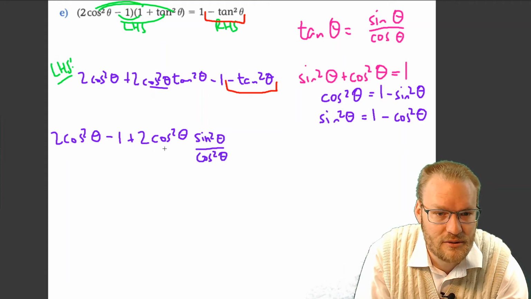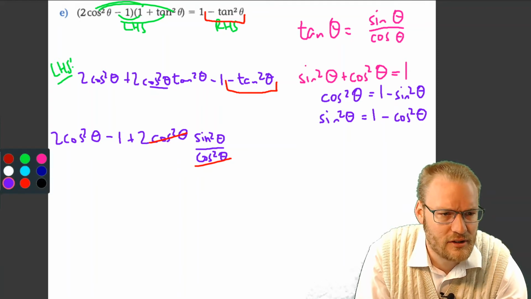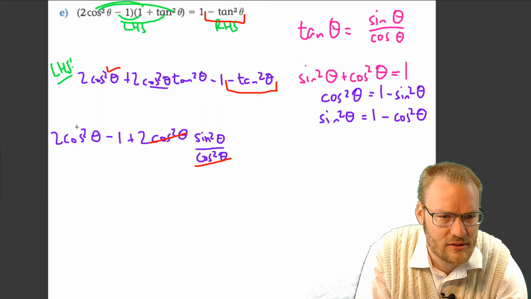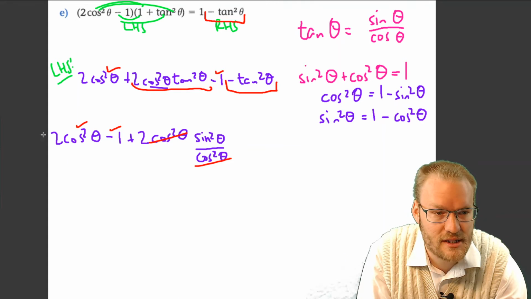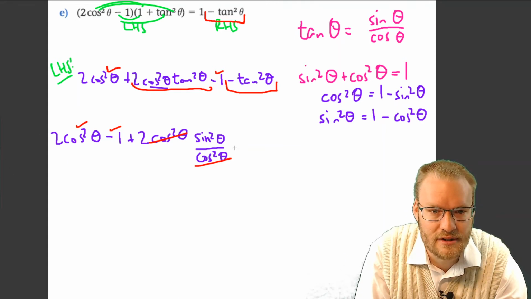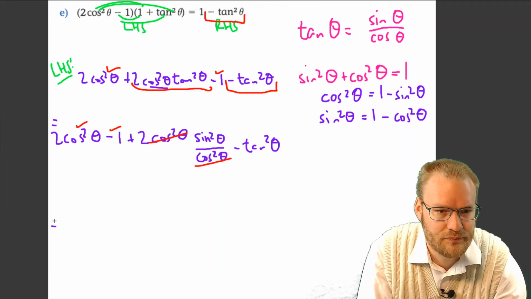In other words, these two are going to cancel out. And let's just check: 2 cos squared theta, that was that part. The minus 1 is there. This whole bit here is all of that. And then we still have this minus tan squared theta, which we know isn't going anywhere because that's what it is. So that was equal to that.